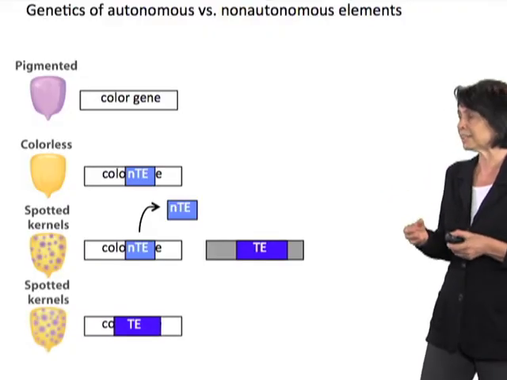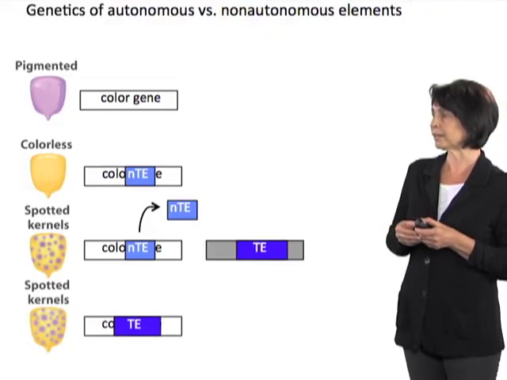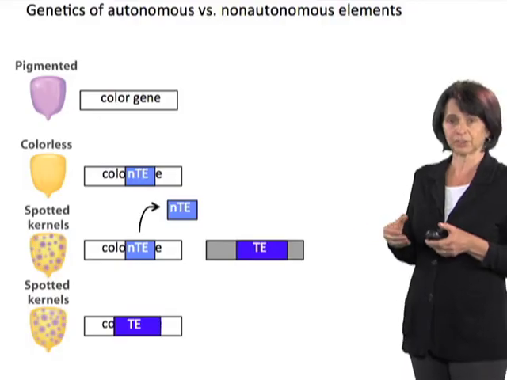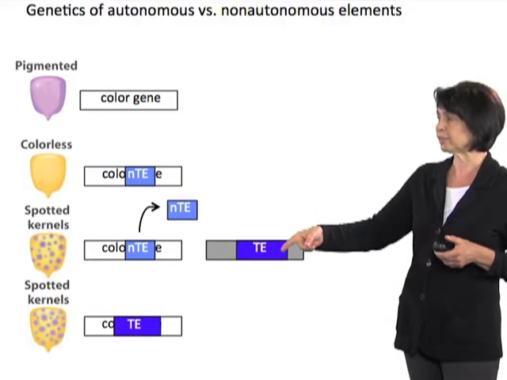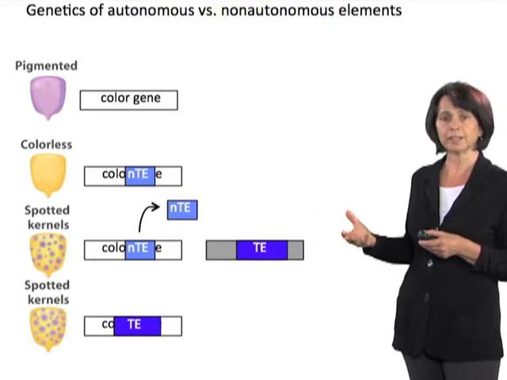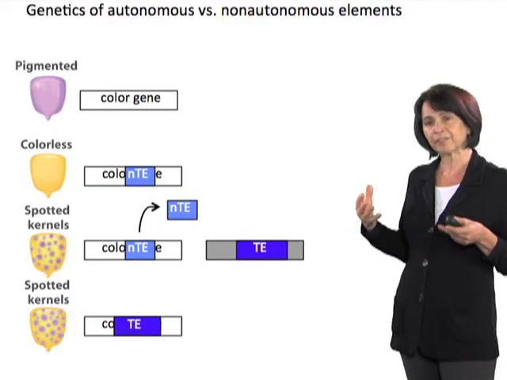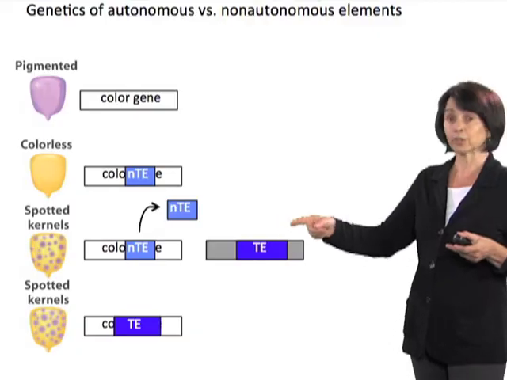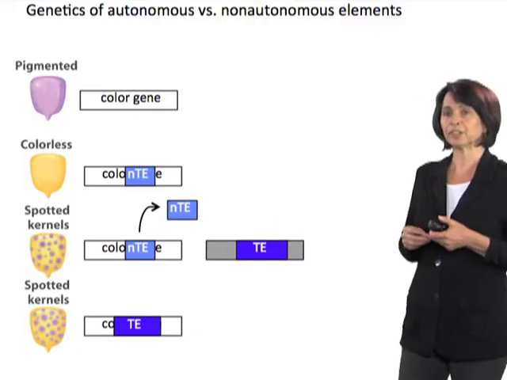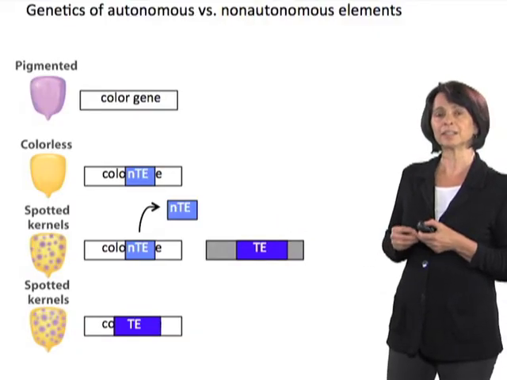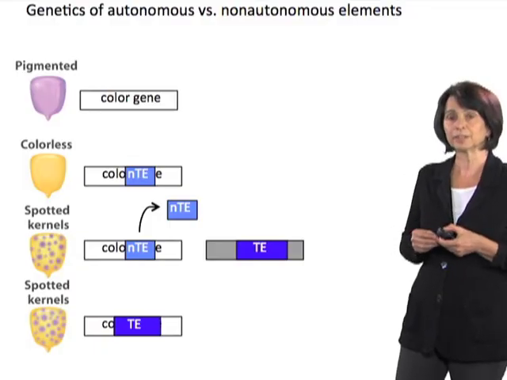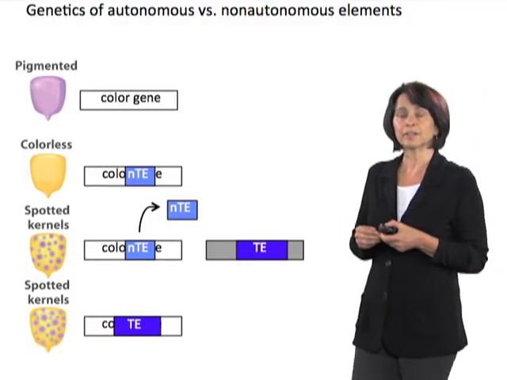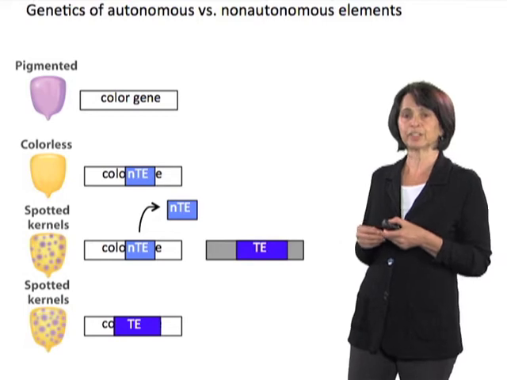And finally, the last situation is we can have autonomous elements inserting into genes. That's shown here. We have the autonomous element inserting into a gene, and because the autonomous element makes everything that is needed for transposition, that kernel will be spotted. To review, McClintock not only discovered transposable elements, but she also discovered that there are different types of transposable elements.